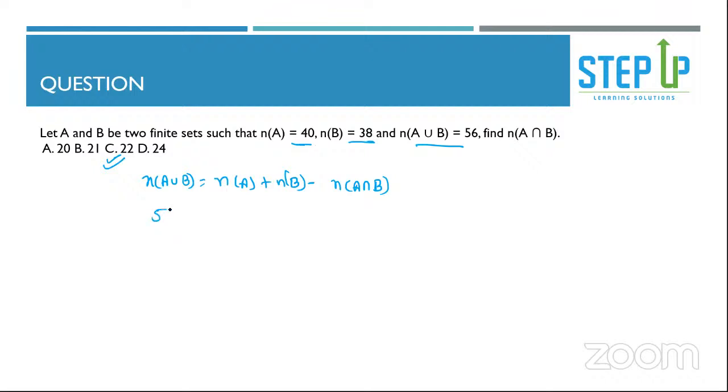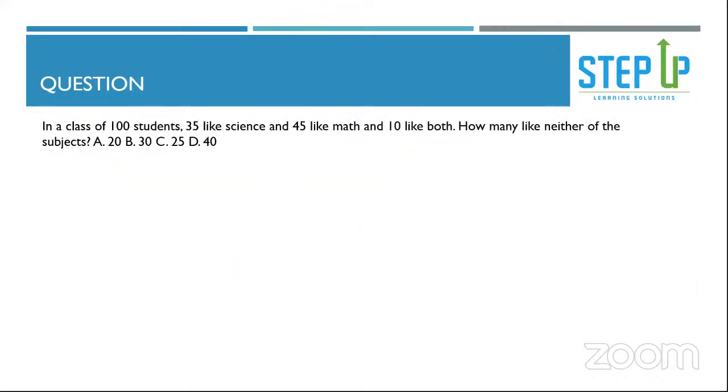This is 56, 40 plus 38 minus n of A intersection B. So n of A intersection B is equal to 78 minus 56. Answer is 22. All right.